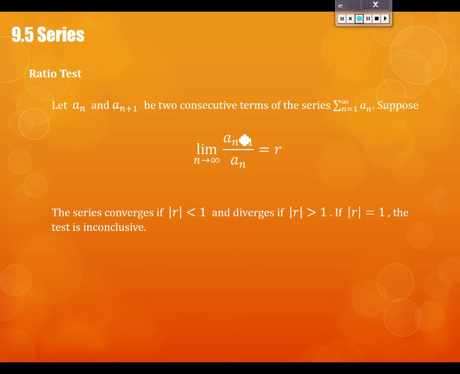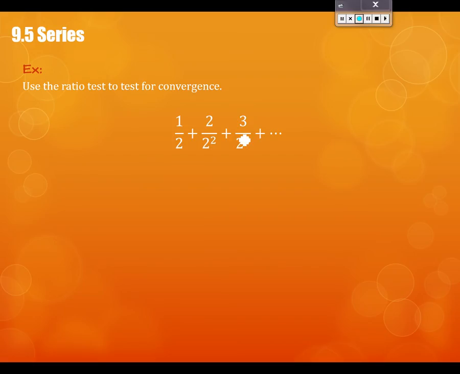If the ratio between terms approaches some number, then out at infinity it's acting like you're multiplying by r. That's what we're saying. And if it acts like a geometric series, then maybe we can use these rules, and the answer is yeah, we can use these rules about whether r is bigger than or less than 1.